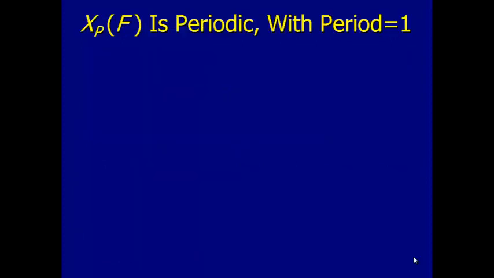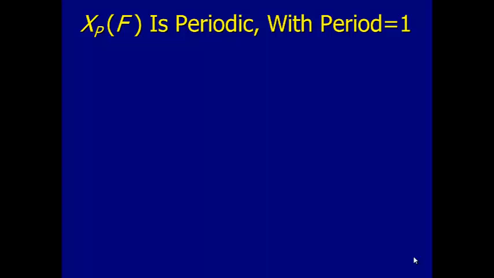Okay? So, let's look at some of the properties of this discrete time Fourier transform. Remember when we said it's periodic with a period of 1? Well, our exploration of sampling theory showed us that. It told us that's the right answer. Let's make sure that this thing we derive has that kind of behavior.